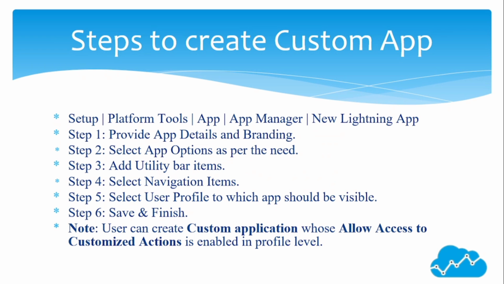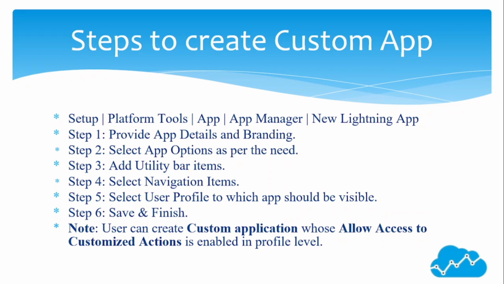So, steps to create a custom app. First, we have to click on the setup gear icon, platform tools, apps, app manager, new Lightning app. Then step 1, provide app details and branding logo. Step 2, select app options as per the need.